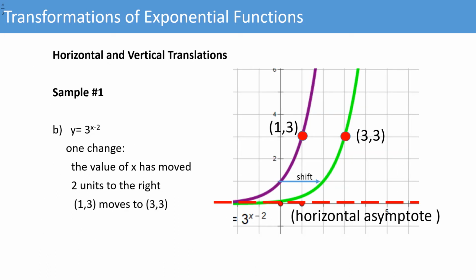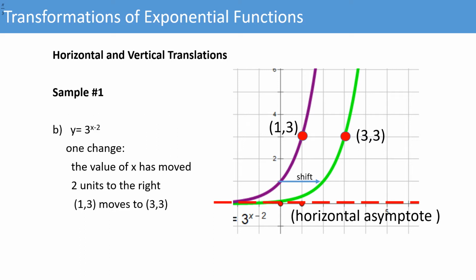Now here is sample number 2. y = 3^(x - 2). Again, we have the purple graph representing the original, y = 3^x, and the green represents the shift or the change.